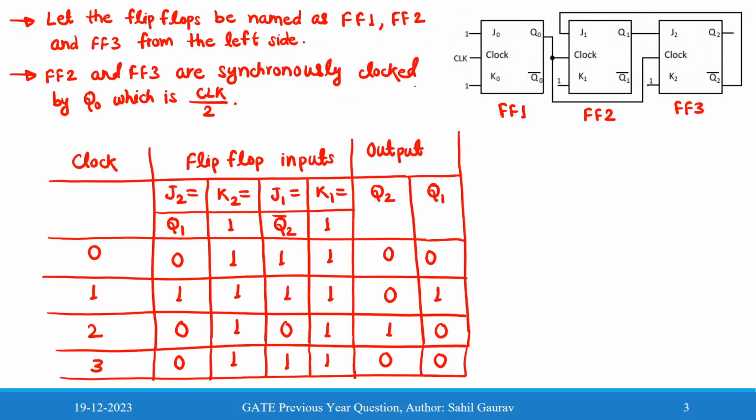That means, the clock for flip-flop 1 is CLK, and the clock for flip-flop 2 will be CLK by 2, and for flip-flop 3 CLK by 2. Both are synchronized, flip-flop 2 and flip-flop 3.